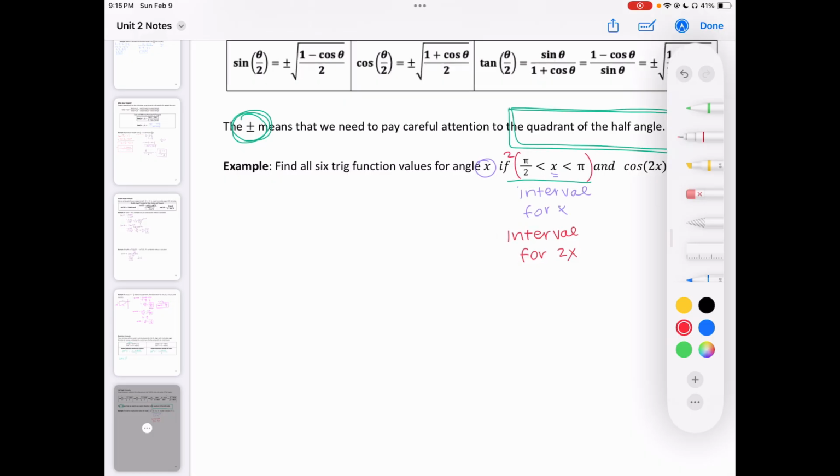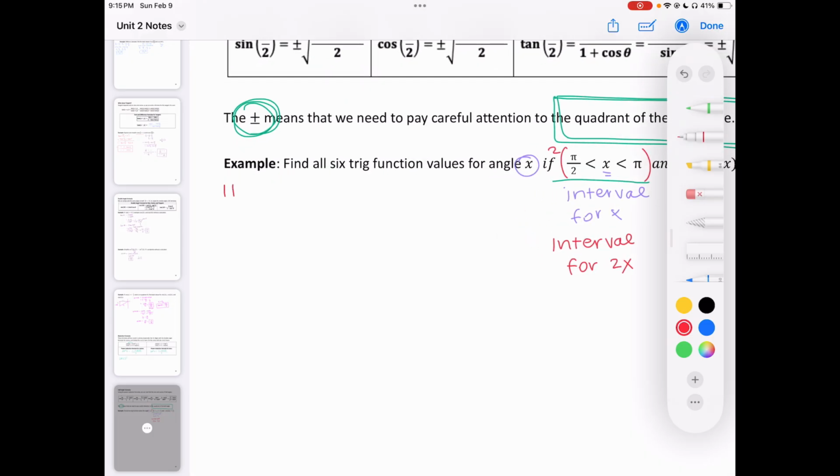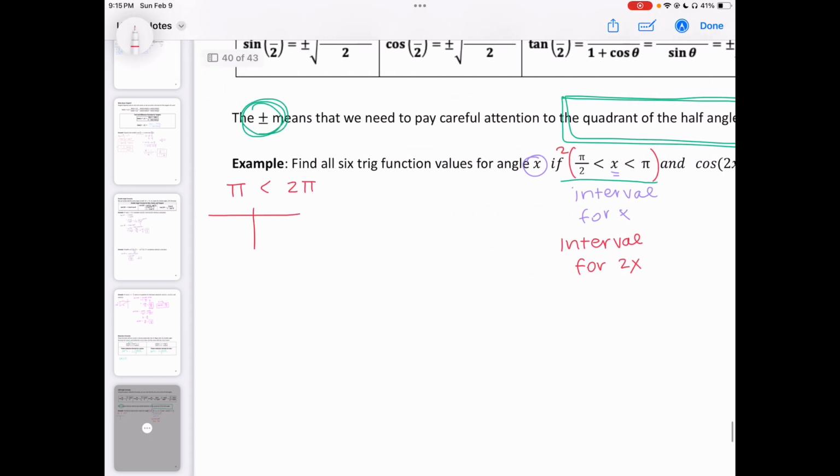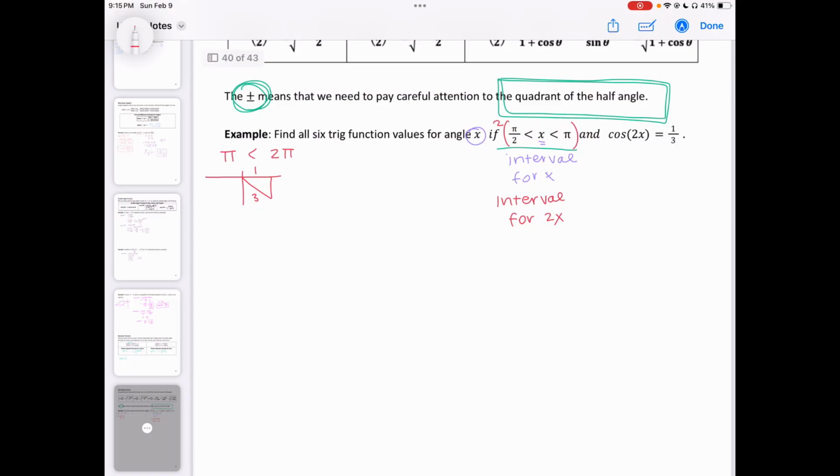So the interval we are actually working with is going to be pi to 2 pi. So we're on the bottom half. But then we're also being told that cosine of 2x is a third. So that tells me that I'm going to be over here somewhere, right? Because cosine is positive. I just needed to make sure that we understood that. And if we have questions, we can talk about it more. I think it comes back up in 9.5.